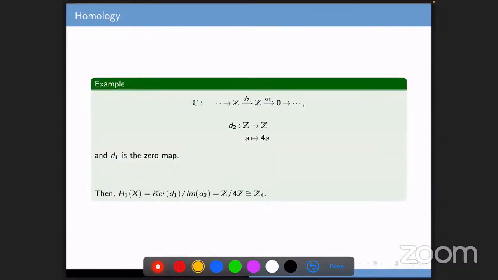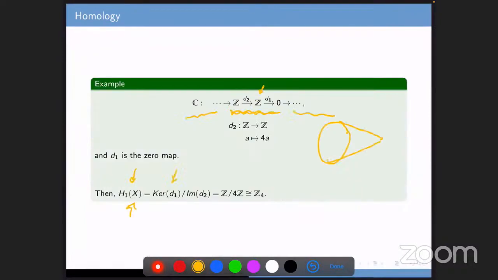So we have an example here, just a short basic one. We have this complex. I don't know what happens on this side, but I'm just zooming in to this part here to show an example of a homology group. The map D2 is the multiplication by 4 map, and D1 is, of course, the 0 map. It takes any element of Z to the 0. And in this case, the homology H1X is kernel D1 over image D2. The kernel D1 is, as we said, we have this Z here, but it is all getting mapped to the 0 element here by D1, right?